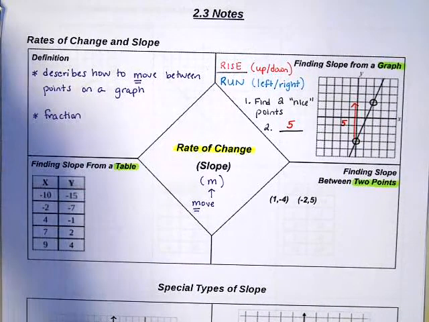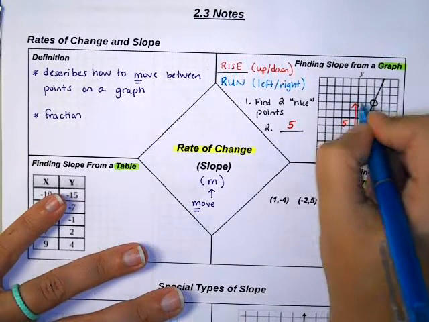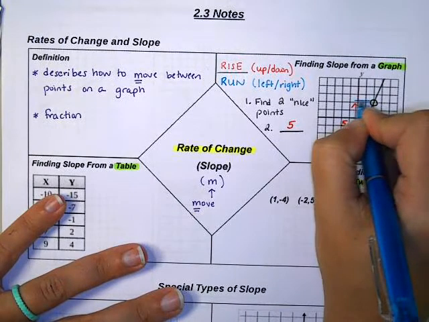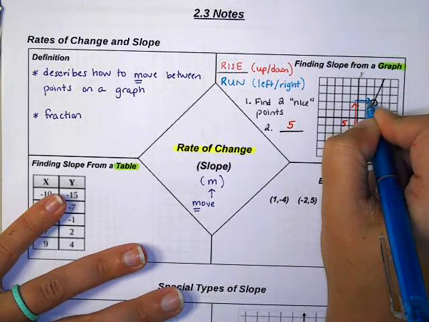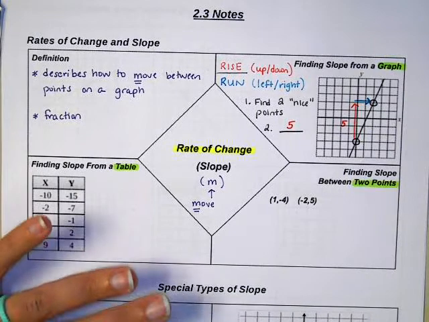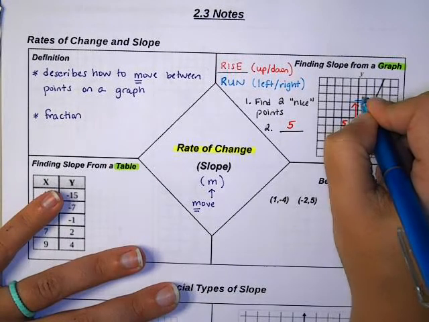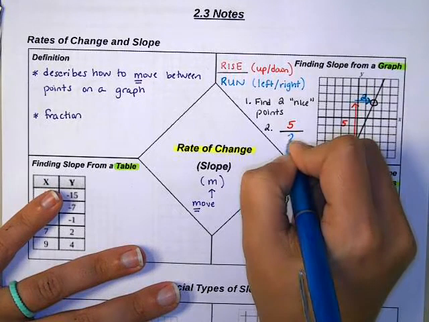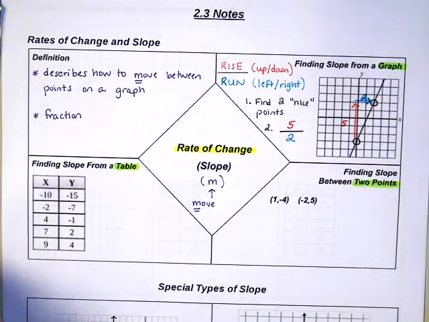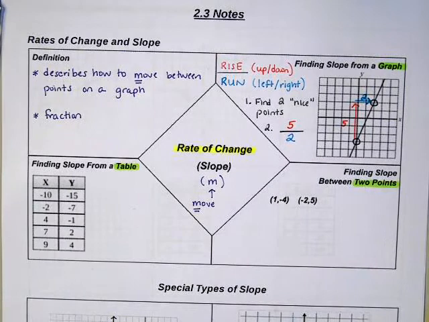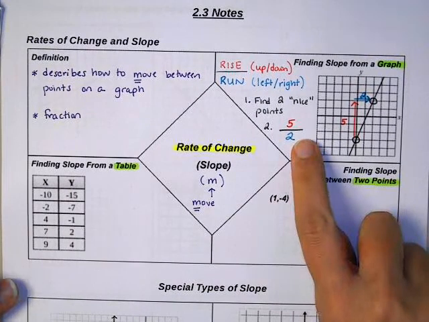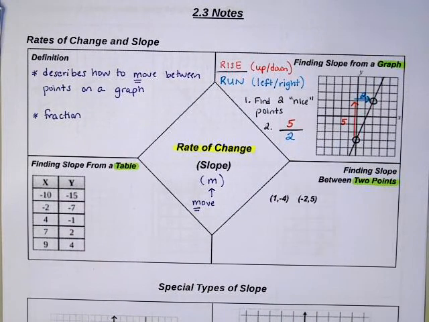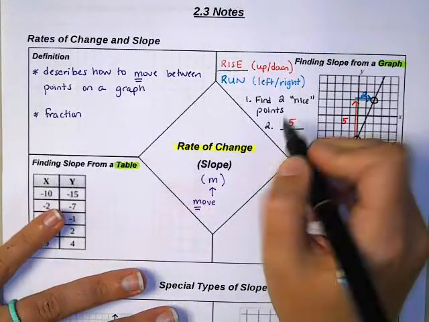Then I would try to figure out how far do I need to run going from right to left to get to the other point. Since I would need to slide over 2 boxes, my run, the bottom number in my fraction, would be 2. Since 5 divided by 2 does not simplify to a nice number, that would be our final answer for our slope.